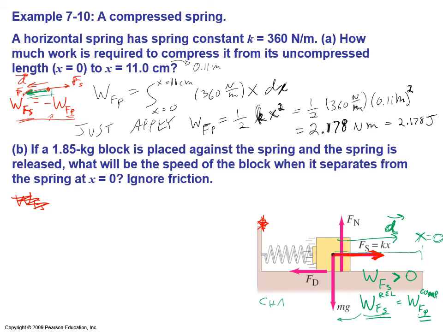In Chapter 8, we'll talk about potential energy and elastic potential energy, the potential energy that is contained in a spring. You can kind of see how when this person is doing work on the spring, compressing it, they're almost putting something into the spring.